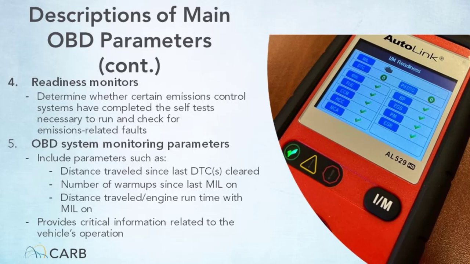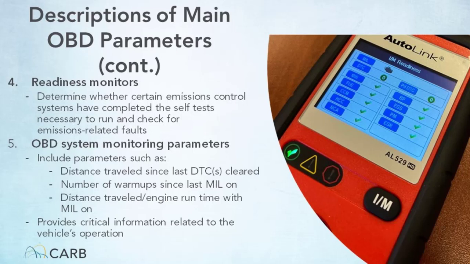It is considered bad practice to clear diagnostic trouble codes or DTCs shortly before performing the Clean Truck Check emissions test. Clearing DTCs will also reset readiness monitors within the OBD system. To properly assess the vehicle's emission systems and determine vehicle compliance with the Clean Truck Check, certain readiness monitor checks will need to be completed. These checks are self-performed by the OBD system, and the criteria for completing and validating certain readiness monitors varies.